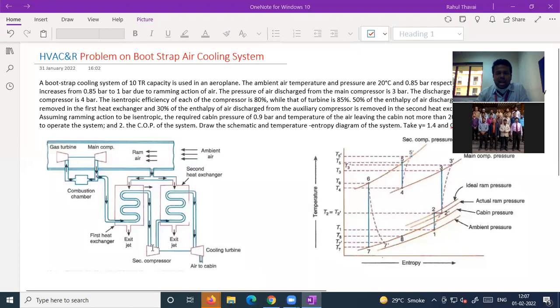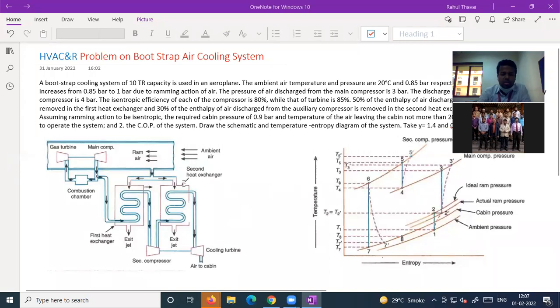Due to this addition of a secondary compressor and secondary heat exchanger, this system is known as bootstrap air cooling system. Based on these changes, obviously our TS diagram is going to change. All this we have seen in the last session.